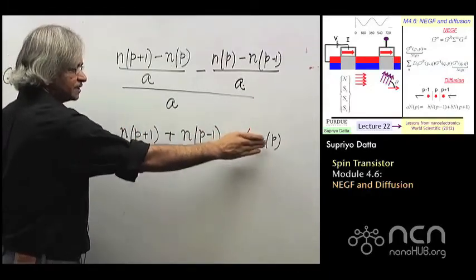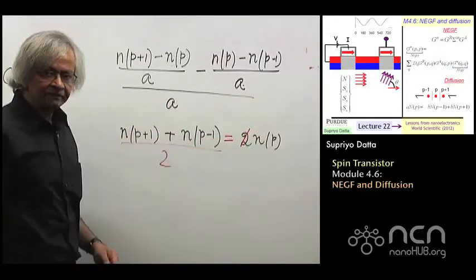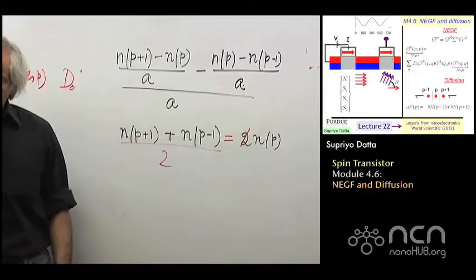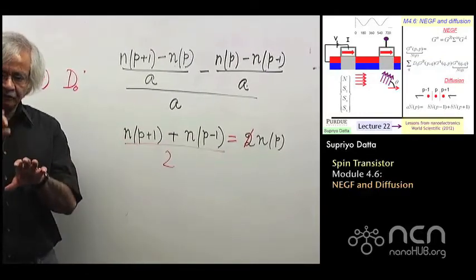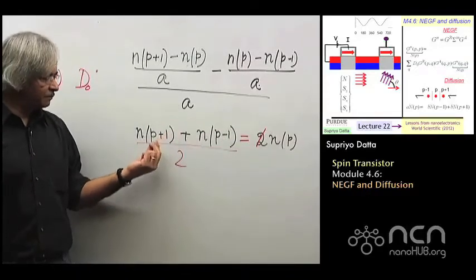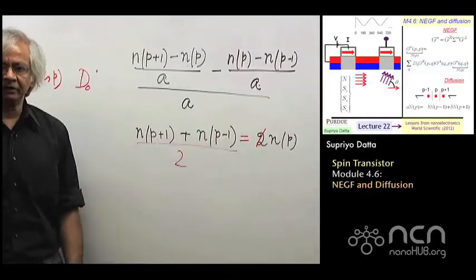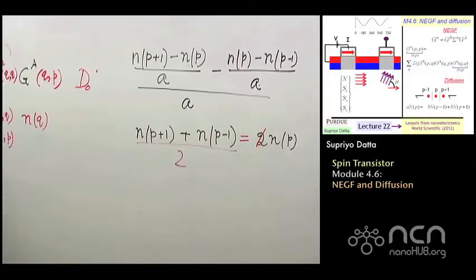So the electron density at a particular point is a weighted average of other points, which you can view as a sort of random walk: the electrons at P came from some electrons from P plus 1 which hopped over, or some from P minus 1 that hopped over. And you could say the same thing here.